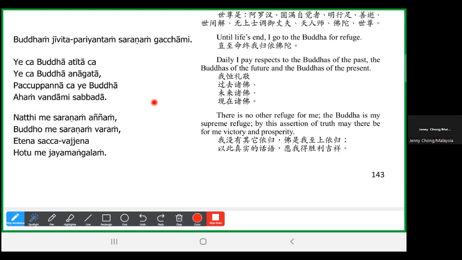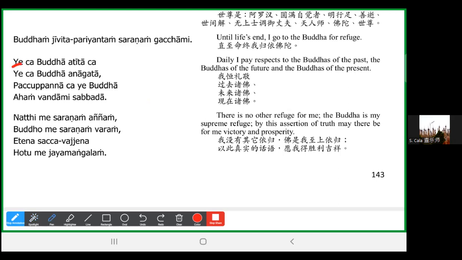Yes, Haji, why is Buddha in nominative? Yeah, because this is chanting. Chanting, they like it to make a rhythm. Can you calculate how many sounds? How many sounds? 1, 2, 3, 4, 5, 6, 7, 8. Normally they like 8, right? So ye cha Buddha atita cha.